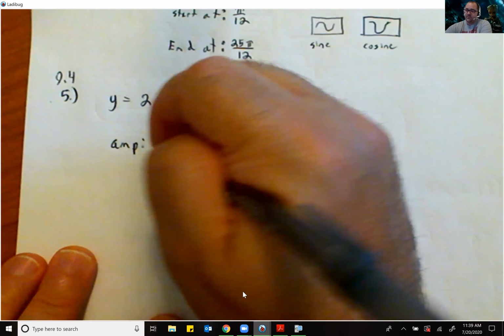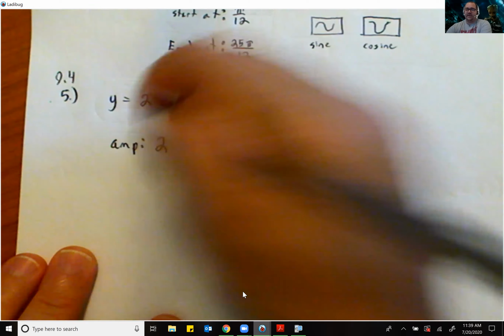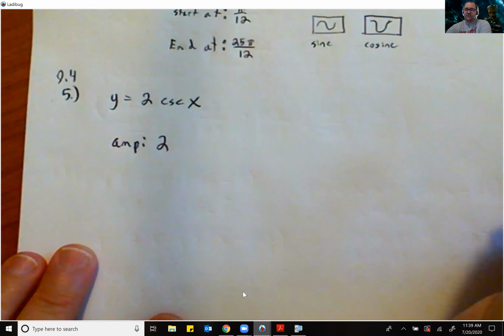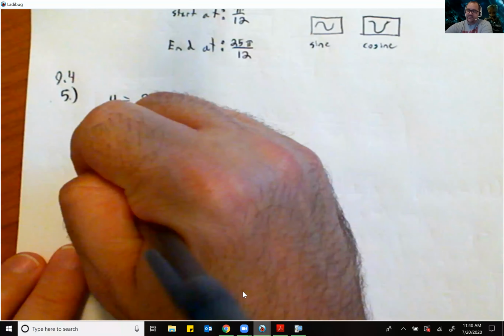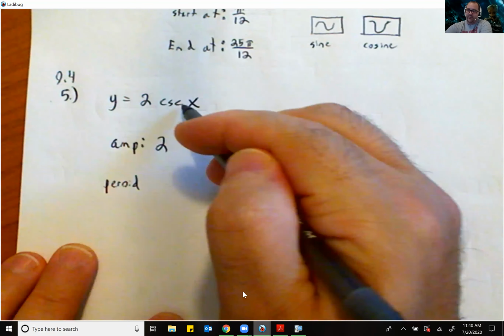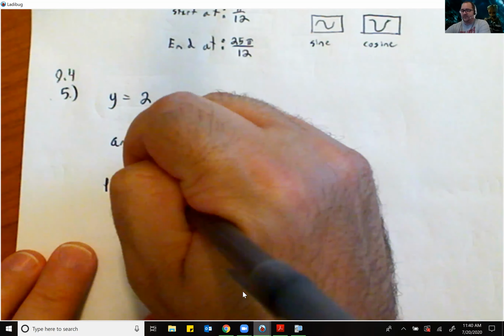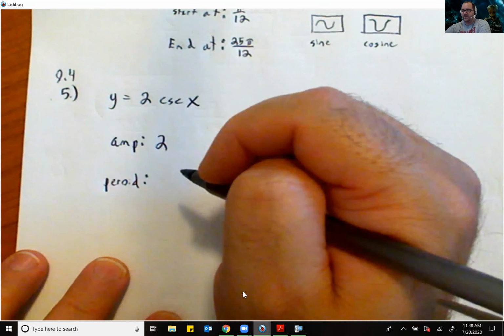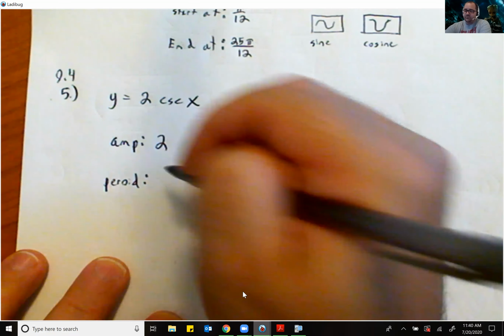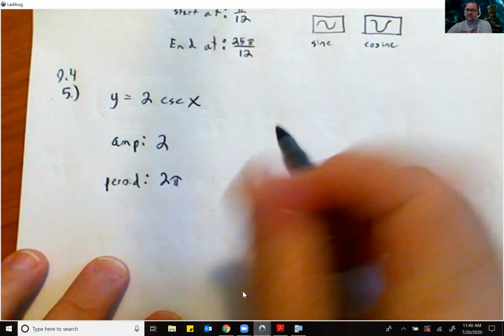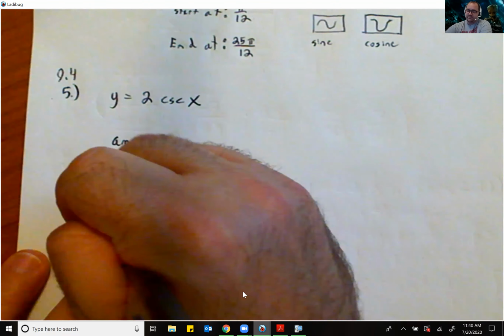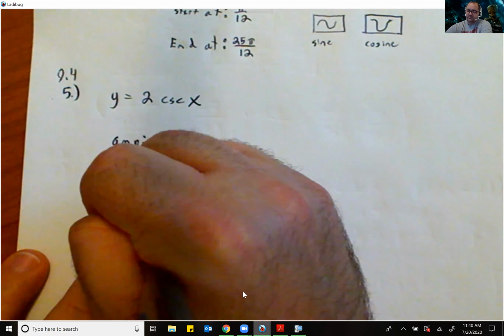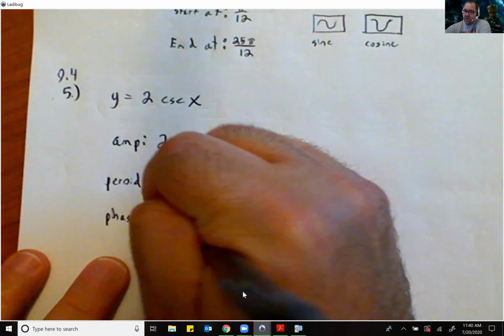So that means we need a graph that goes up to 2 and down to 2. The period's still 2 pi because cosecant and secant have the same period as sine and cosine. So since there's no B value, it's still 2 pi. And as far as the phase shift goes, there is no phase shift.